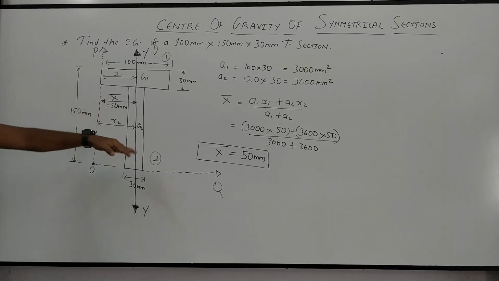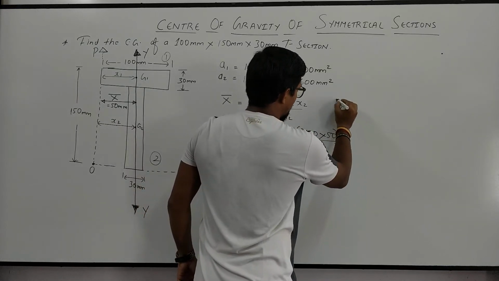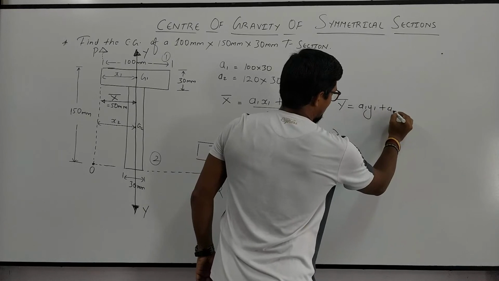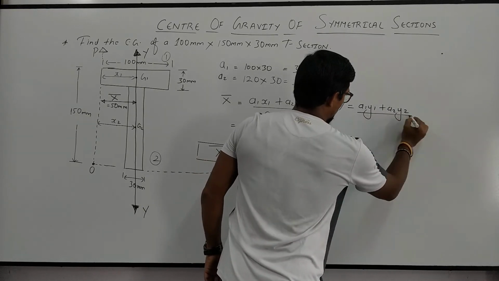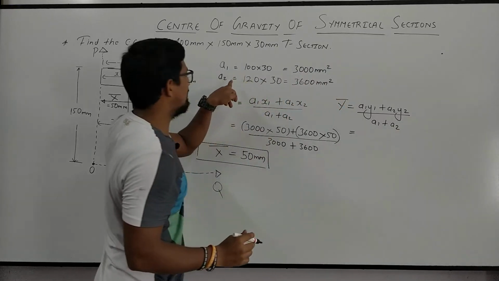Now we will calculate the value of y bar in the same way. y bar is equal to A1 y1 plus A2 y2 divided by A1 plus A2. A1 and A2 we already know.